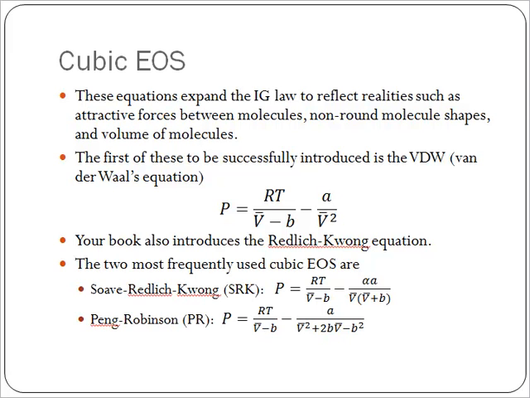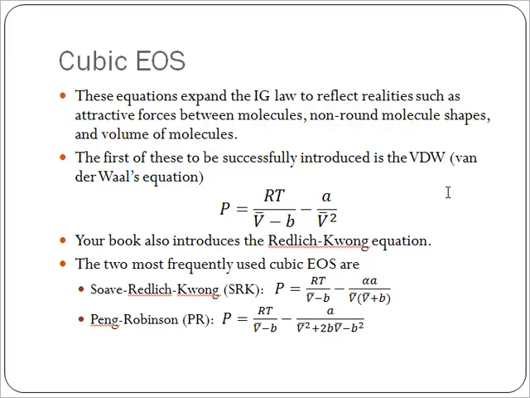So if I want to deal with attraction of molecules, I need to adjust the equation. Another issue is that molecules in the ideal gas law are round and have no volume, while real molecules tend to be not spherical, and they take up space. The volume is not zero. And so to account for these things, we need to modify the form of the ideal gas law.